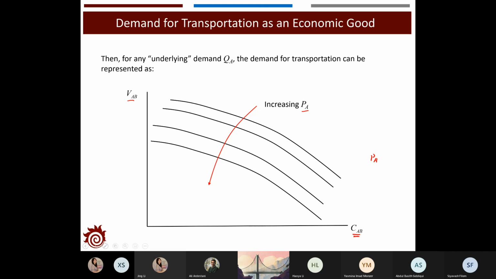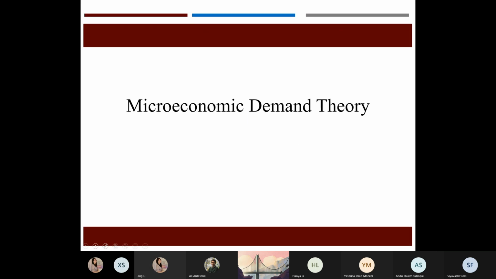And the next thing we need to think about is how we're going to analyze them and use this information to estimate the demand of transportation and also the supply to determine the price with respect to the volume. So that will be related to the microeconomic demand theory. It actually includes two parts, the consumer demand and the market demand.